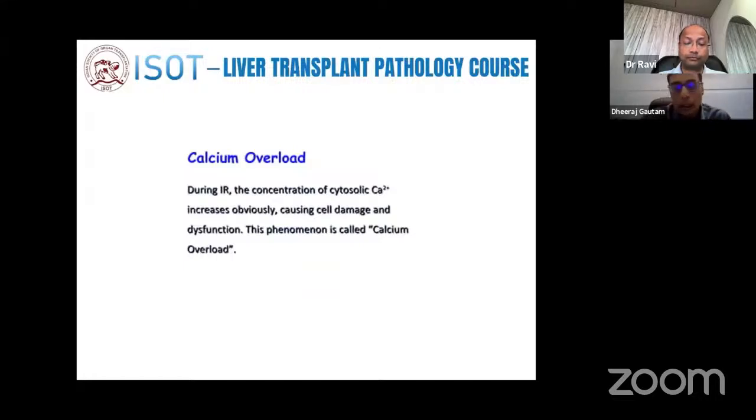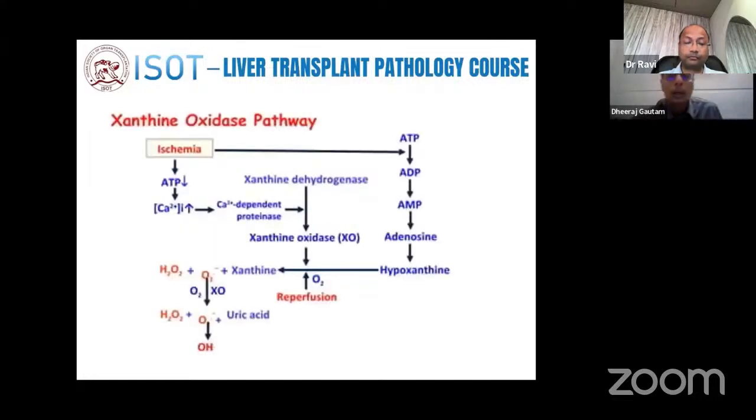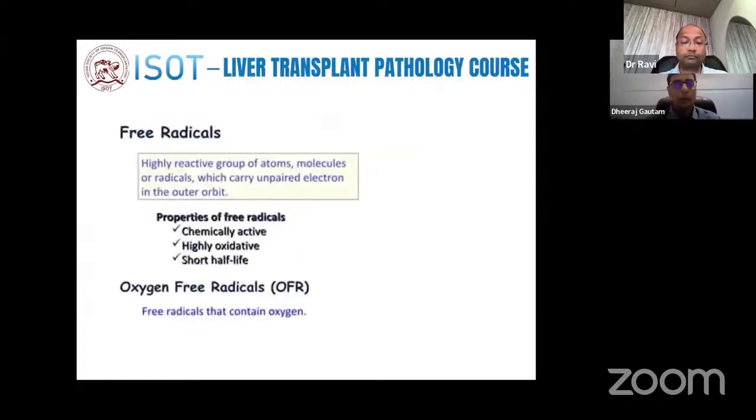This phenomenon is called calcium overload. Now there is another pathway, which is the xanthine oxidase pathway. Ischemia leads to decreased ATP and increased calcium, and decreased ATP leads to hypoxanthine, which after reperfusion with oxygen is converted into uric acid.